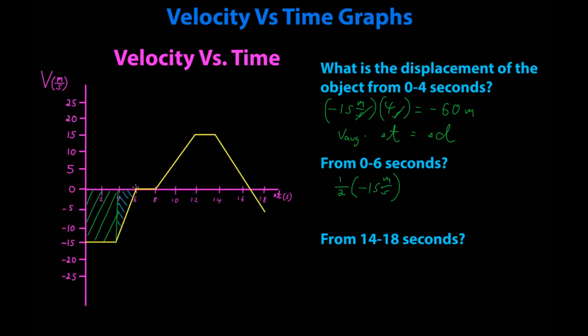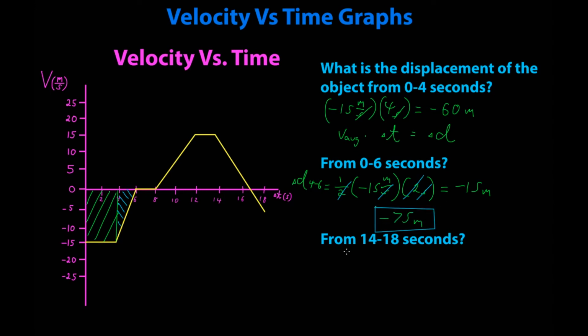The base this time is 4 to 6 seconds, which is 2 seconds. These seconds cancel, and actually these 2's cancel, which gives me a displacement of negative 15 meters. But this is just the displacement from 4 to 6 seconds. For the displacement from 0 to 6 seconds, I need to add what I have up here, which means the actual answer here from 0 to 6 seconds would be these 2 areas combined, which would be negative 75 meters.